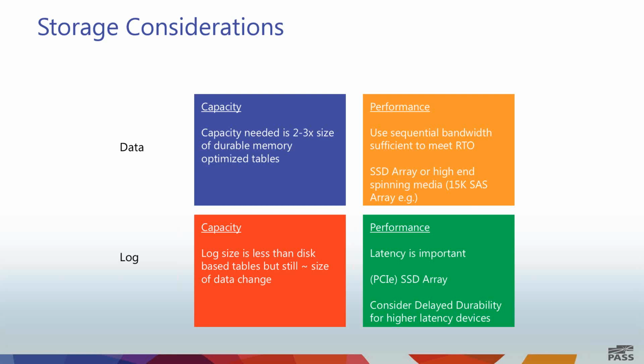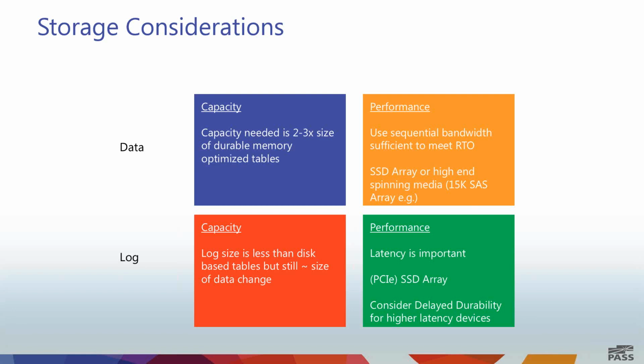So you need to provision the storage that has the sequential I/O bandwidth to meet your RTO, because you need to load all this data on disk during database recovery. In general, we recommend either to use something like SSD or some high-end spinning media. Spinning media is still fine as long as it's fast enough, because we mainly do sequential I/O. We don't do random I/O, so SSD is not necessarily a requirement.